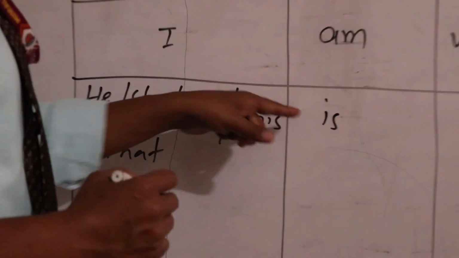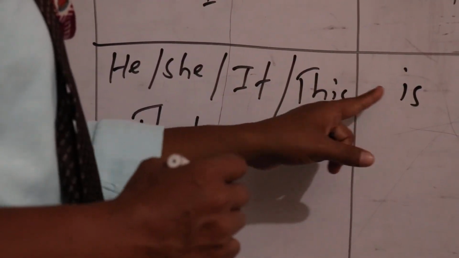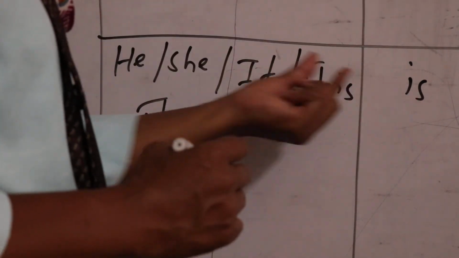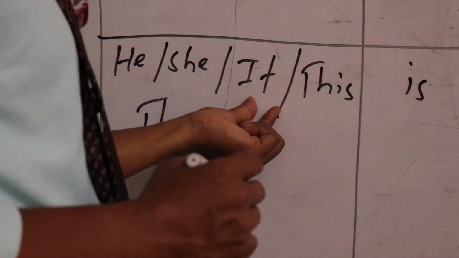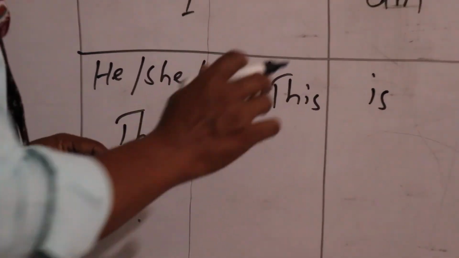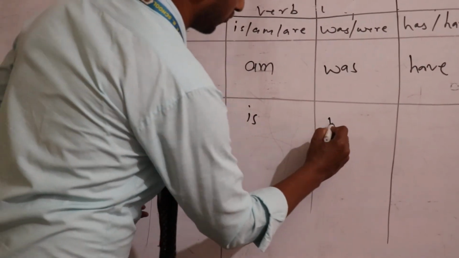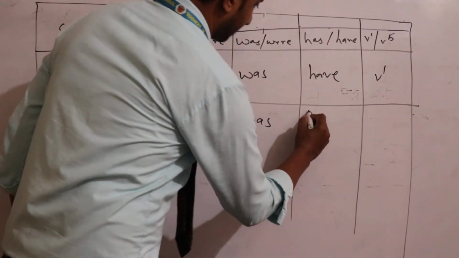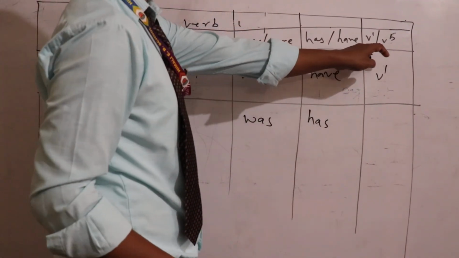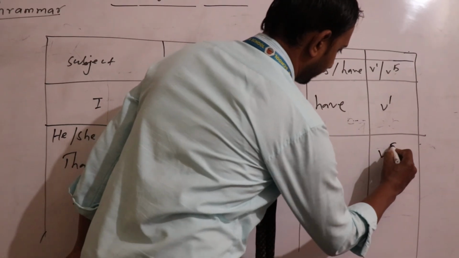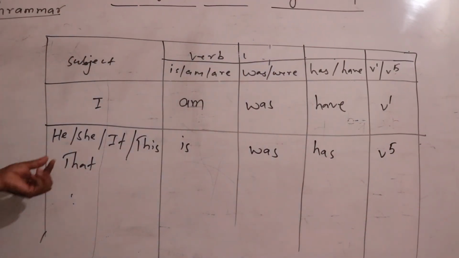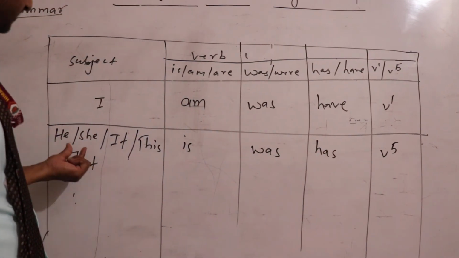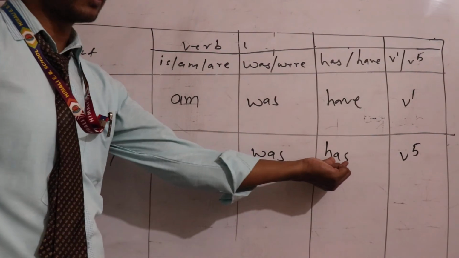He is, she is, it is, this is, that is. Not am, not are, but is. From was and were, was. From has and have, has. And from verb 1 and verb 5, we will select verb 5. So this is a singular subject and these are singular verbs. Singular subject, singular verb.